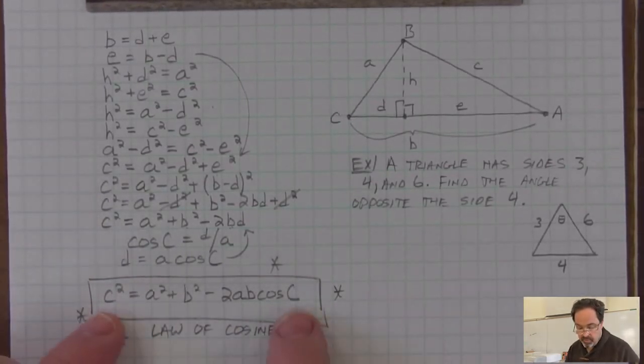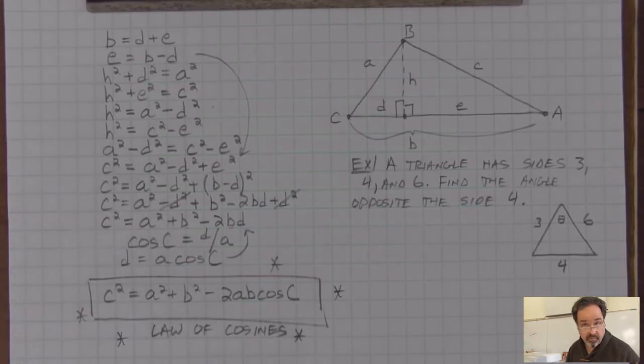Now, these C's share a relationship. They're not the same symbol because one is capital and one is lowercase. But they're both C's to show the relationship that they are a side angle opposite pair. And when you use the law of cosines, the values of the triangle that those are the position of must be a side angle opposite pair.